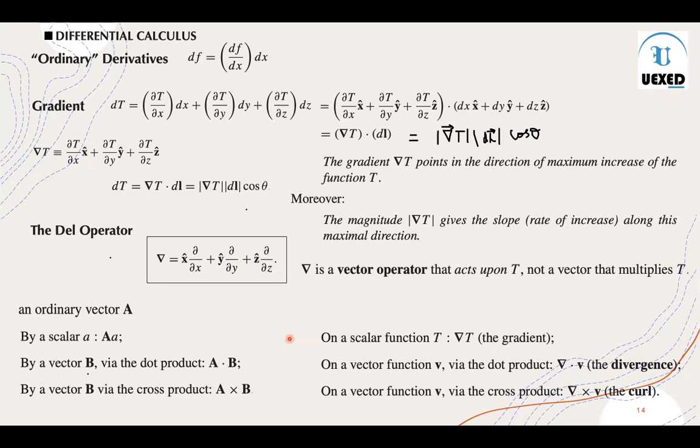Yes, sir. Okay, so you asked a simple question of what happens if it acts on a vector. When it acts on a vector, we take a dot product and a cross product, and the dot product shows the divergence, and the cross product gives the curl, and I'm going to give you the physical meaning of that right now.